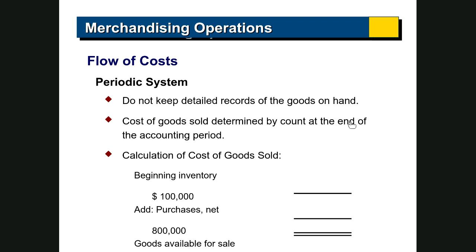The advantage of doing this is that you don't have to calculate the cost of goods sold every time you make a sale, right? Remember, to do that, you calculated sales divided by 3, and then you recorded cost of goods sold. Well, in real life, it's not that simple.